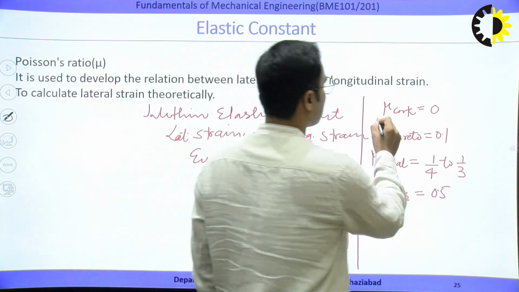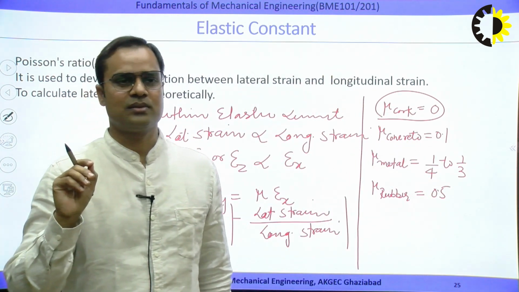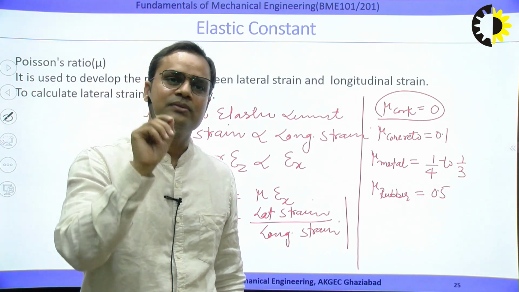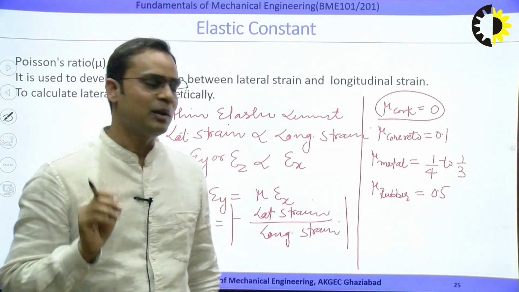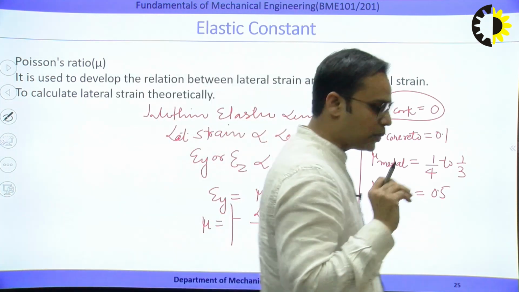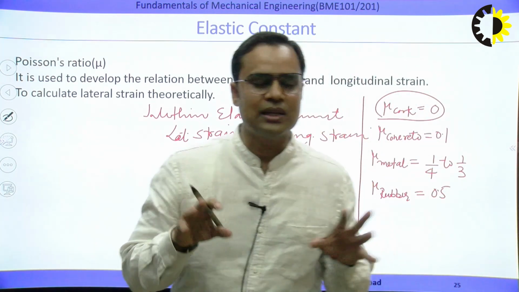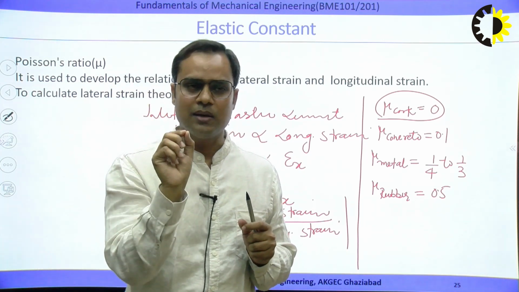The meaning of cork material is mu is 0. What is the meaning of mu being 0? Anyone can guess? The value of Poisson ratio is 0. It is a very simple meaning. Just like anyone has seen the cork material, like the badminton shuttle.